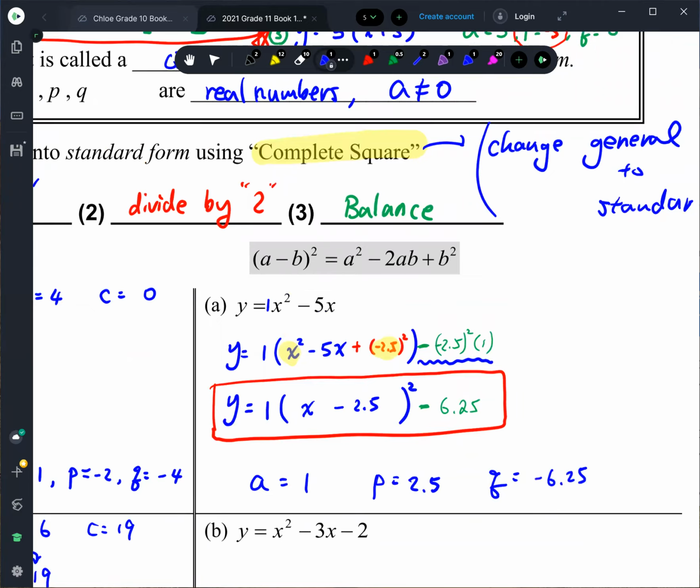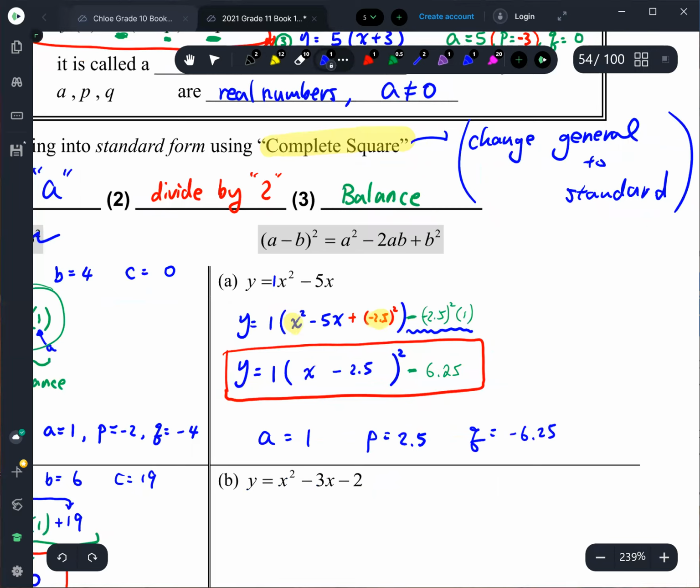What you see is what you write. But for the P, you need to think about it. Inside you see a minus 2.5, but P is positive 2.5. If your APQ is wrong, later it will affect your graphing. So make sure your APQ, you have to get it right 100% of the time.